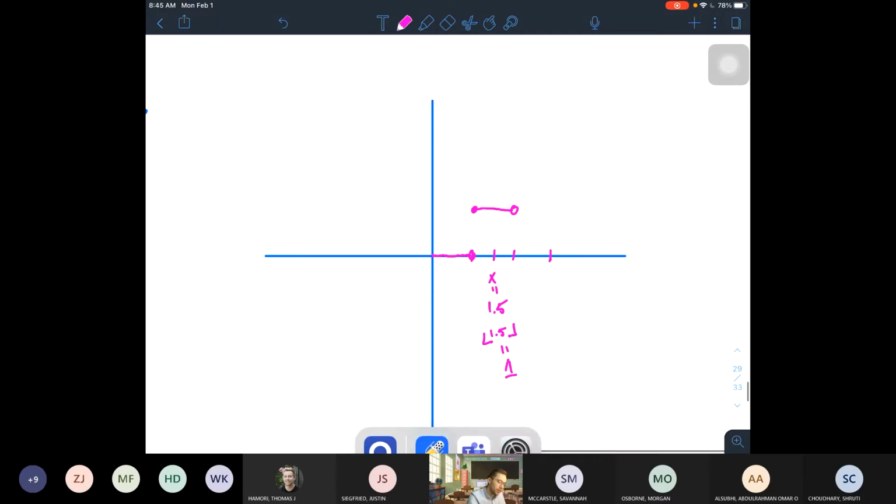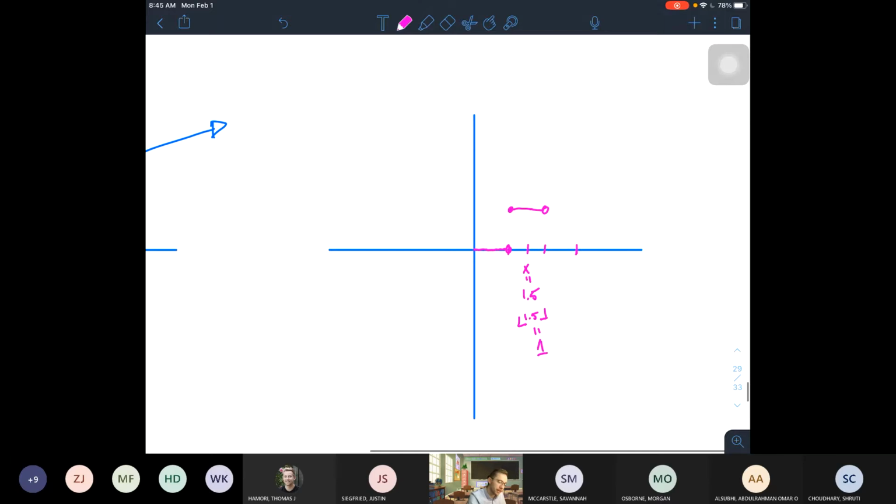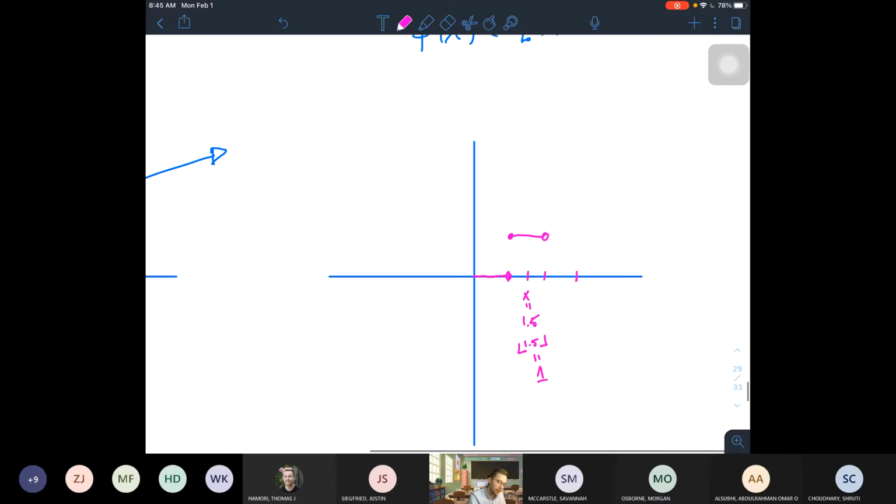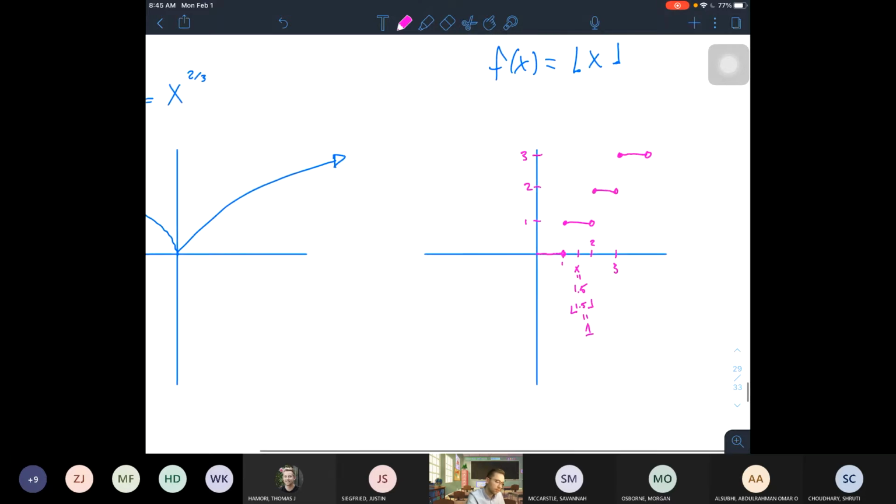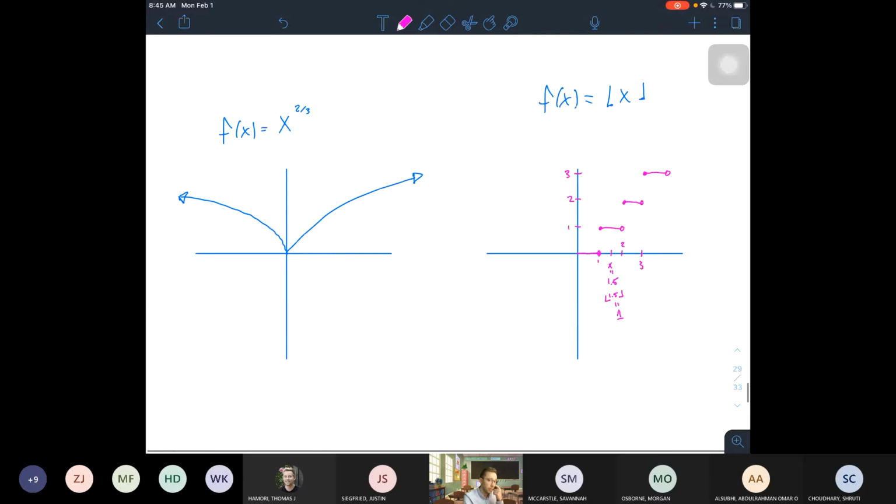We take the largest integer which is less than 1.5. And so on and so forth. That was 1, this was 2, this is 3. We go up to 3 and keep going like this, basically. That's what that one means.